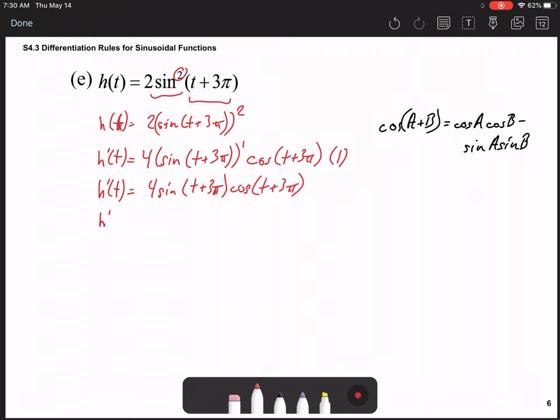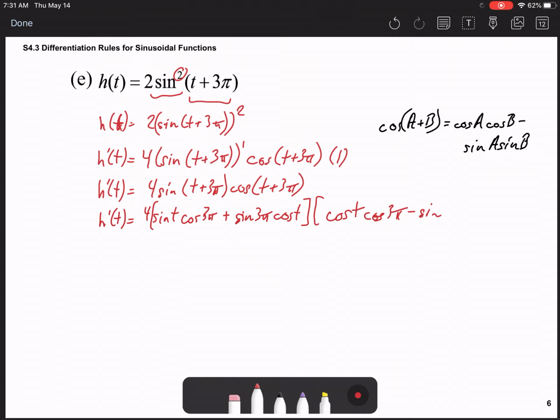Okay, so let's simplify. So this is going to be sine t cosine 3 pi plus sine 3 pi cosine t. This one's going to be cosine t cosine 3 pi minus sine t sine 3 pi.